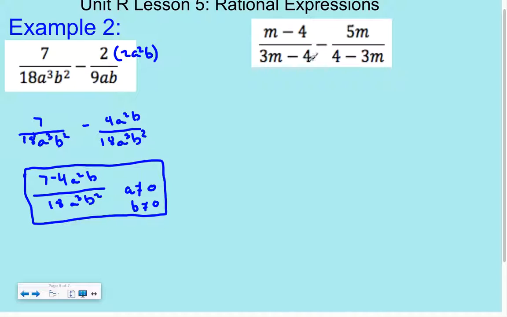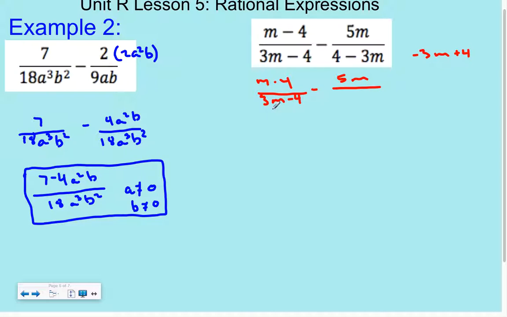Sometimes what'll happen, you notice these kind of look like each other, but not quite. So what if I kept this 3m minus 4, m minus 4 in the numerator? But then over here, what if I just converted this to, well, what if I said negative 3m plus 4?